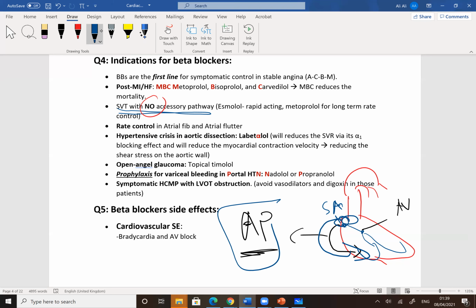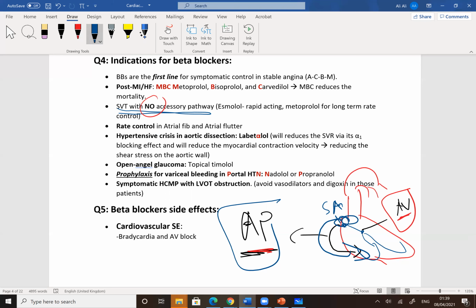Therefore it is dangerous in people with SVT with accessory pathway to give them AV nodal blocking agents. Why? Because if you give them an AV nodal blocking agent, you make all impulses be transmitted through the accessory pathway. Before you give the blocking agent, the SVT was transmitted through the AV node plus the accessory pathway.